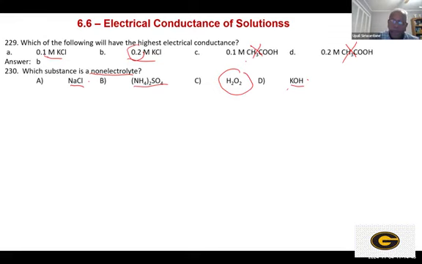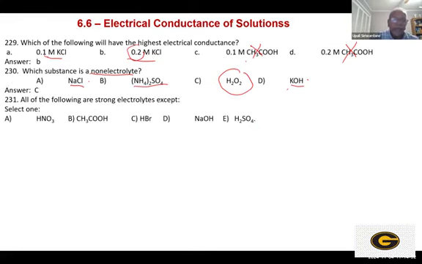Which of the following are electrolytes? That's a strong electrolyte. This is the weak electrolyte. Hydrogen bromide, sodium hydroxide, sulfuric acid are strong electrolytes. They break up in water.